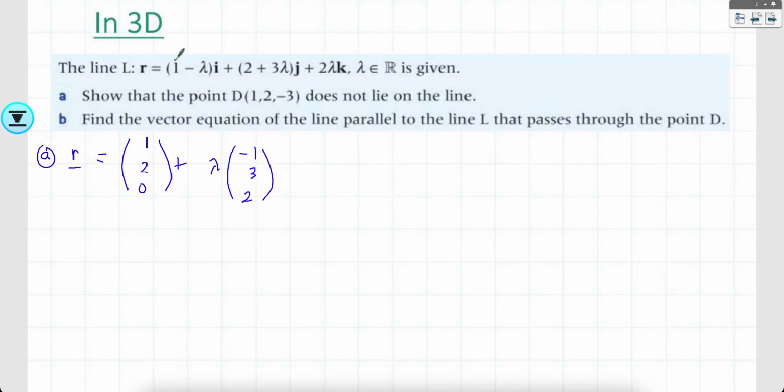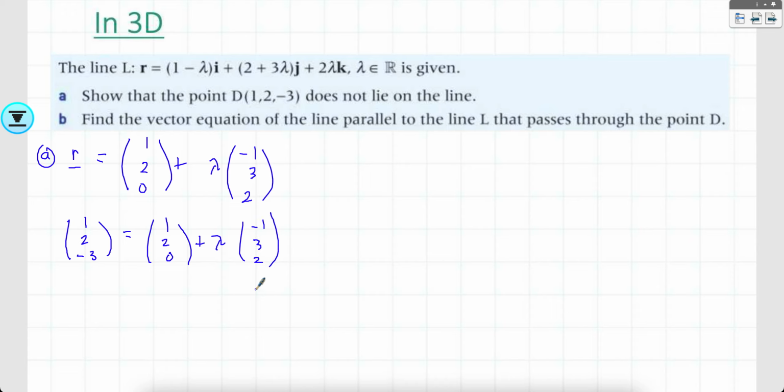The way you can do it is you can expand these out and then combine the components, as in the i, j, and k, and then the lambdas on their own. It will be obvious that this is the line. So we want to show that 1, 2, and -3 does not lie on the line. So 1, 2, 0, plus lambda, -1, 3, and 2.